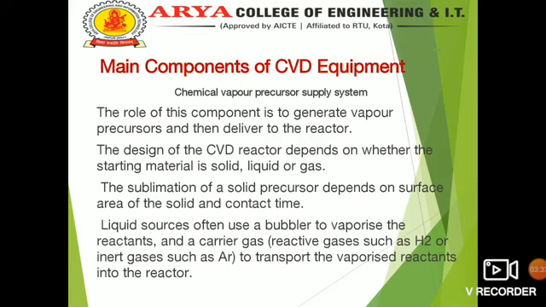Liquid sources often use a bubbler to vaporize the reactants and a carrier gas. Reactive gases such as hydrogen and inert gases such as argon transport the vaporized reactants into the reactor.